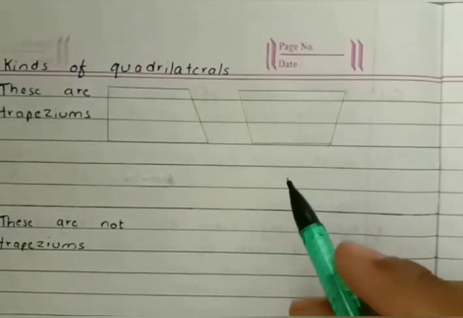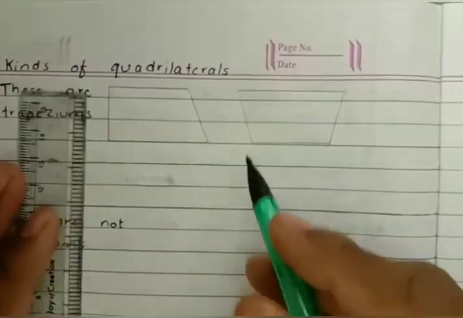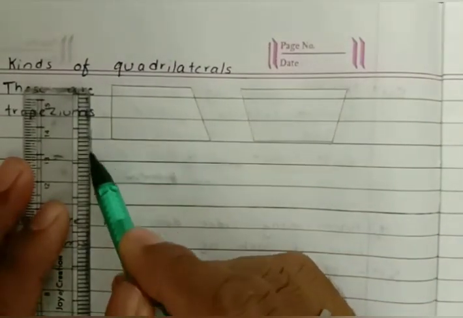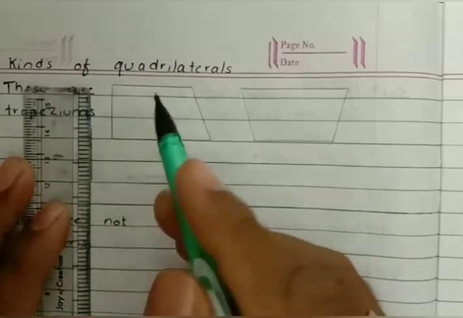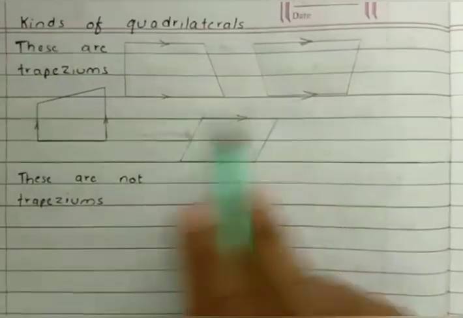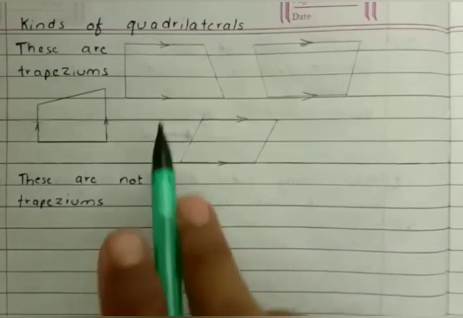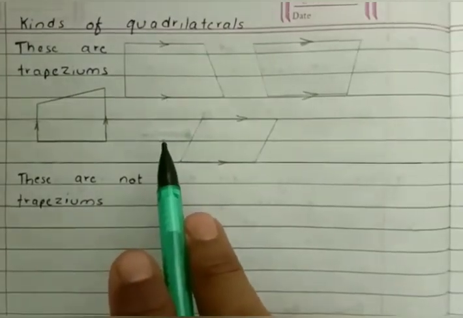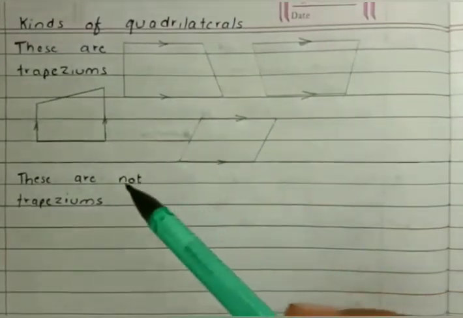Okay, I'll draw one more figure for you. So these shapes which you see on your screen are the types of trapeziums. Actually, what is a trapezium?